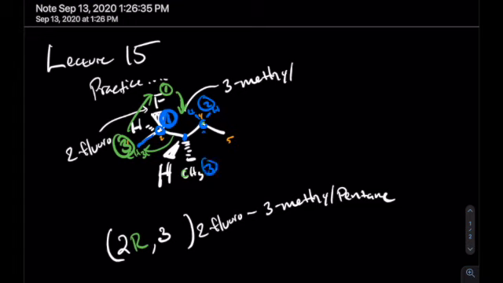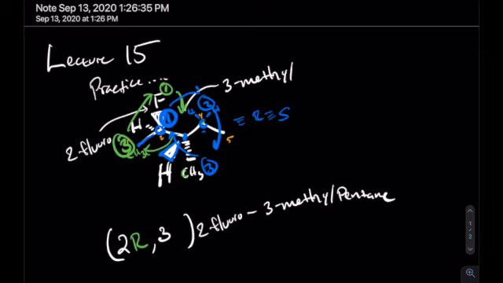Now, again, I say the caveat that when you draw these, you can draw them in whatever orientation you want. 1 connected, 2 connected, and that goes around like that. But we're looking at this backwards. The rule is the hydrogen has to be facing away from you. It's an easy enough rule to remember that if the hydrogen is facing towards you and your rotation is in the R direction, then you have to flip it to the S direction.